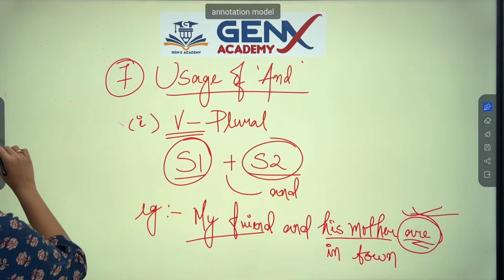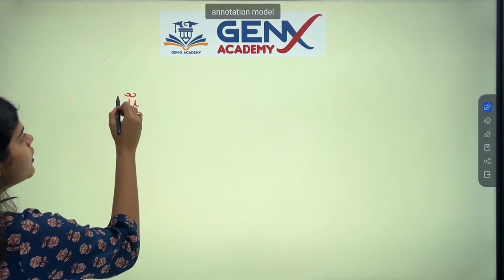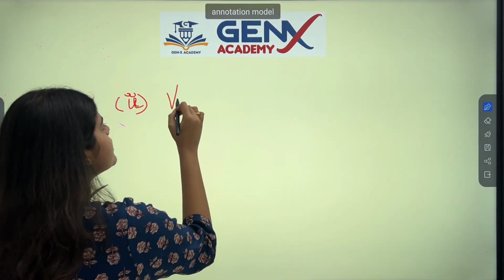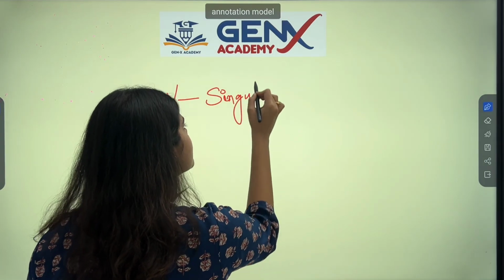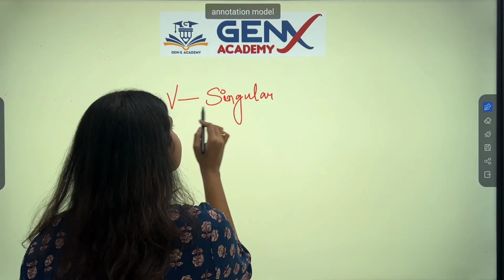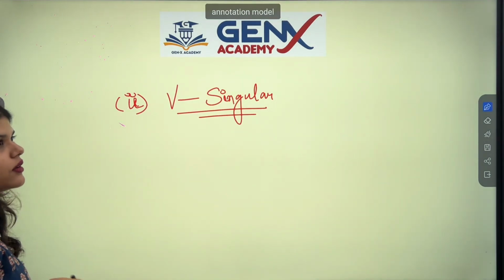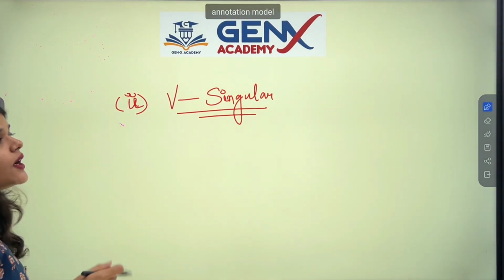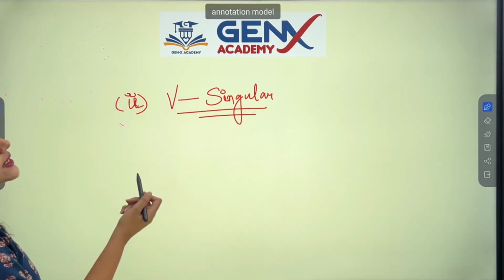And next, the second case is a case where we use and but the verb will be singular. Like when I mentioned compound nouns or two different nouns which will be considered as one unit, in that case we use a singular verb connected by and.